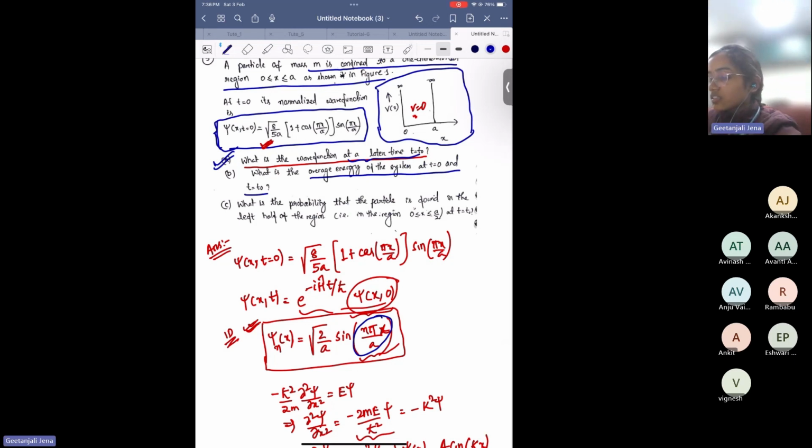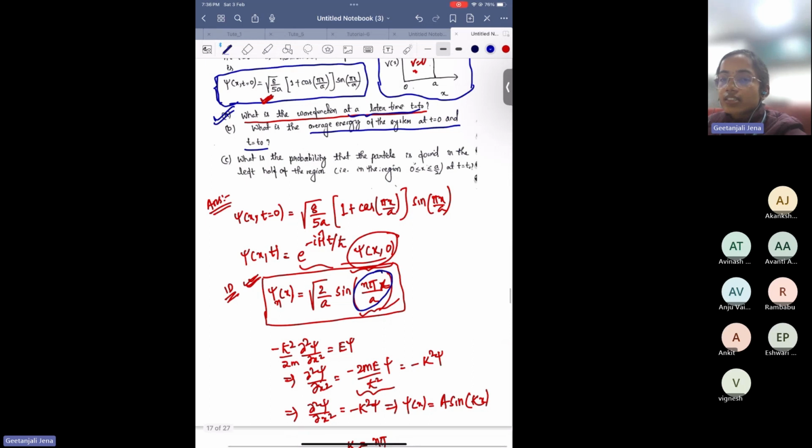If it is asking about average energy or expectation value, they are the same.